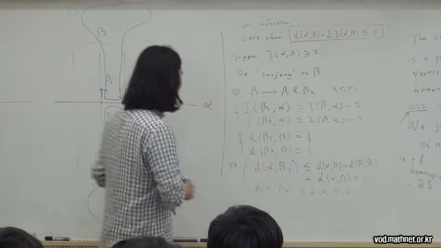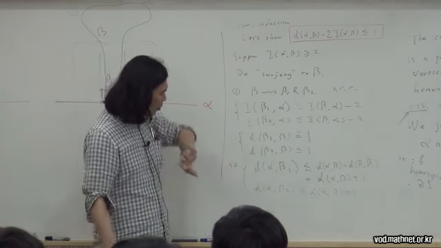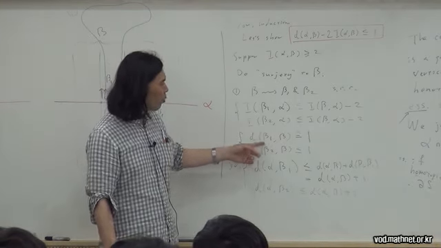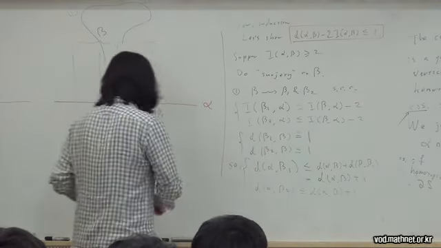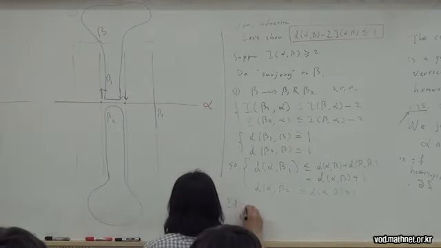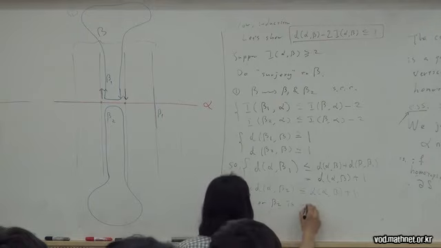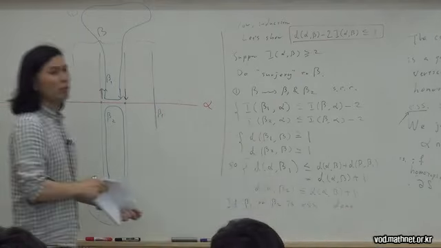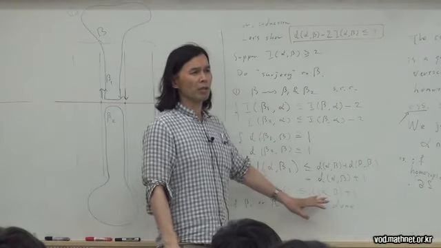So I have to make sure of this. In fact, if one of beta 1 or beta 2 is essential, then you are done, because of the induction. But maybe both of them are not essential.